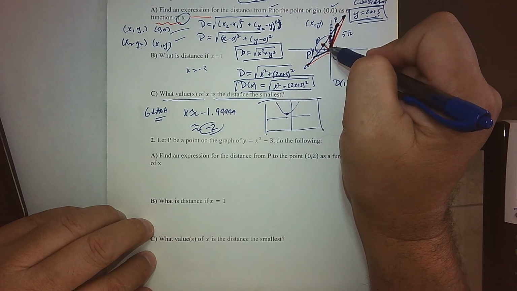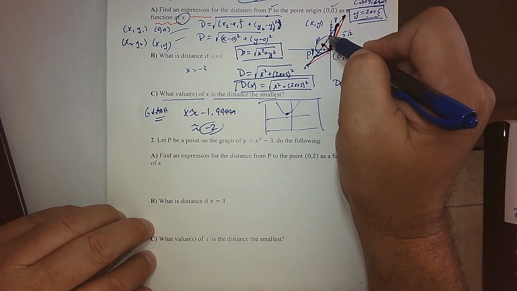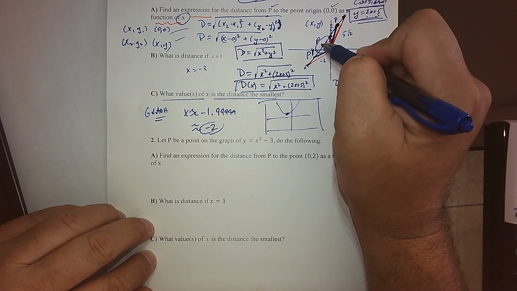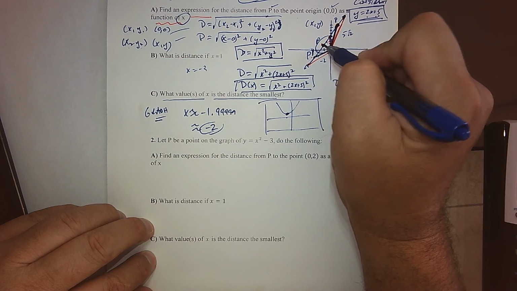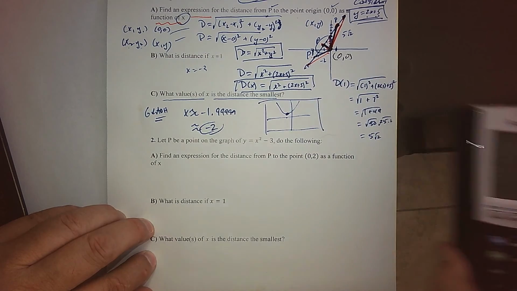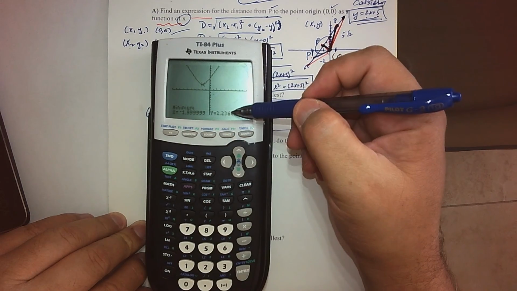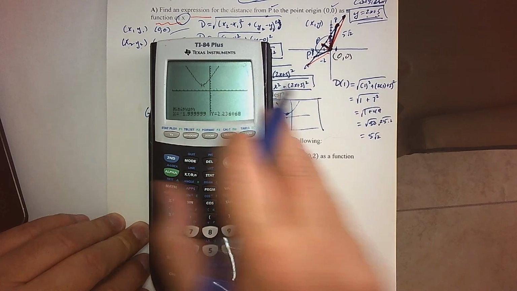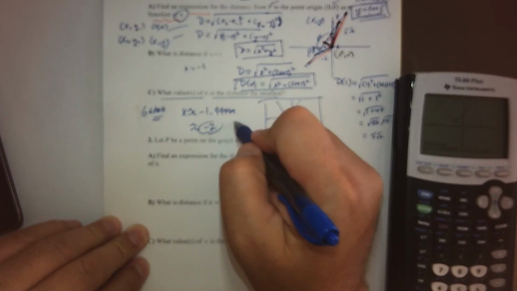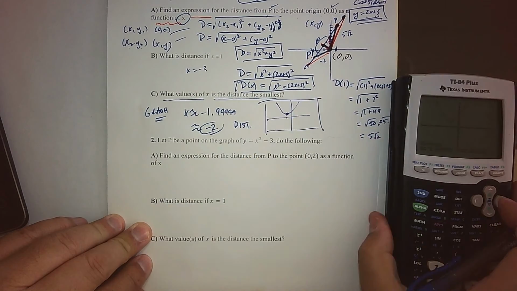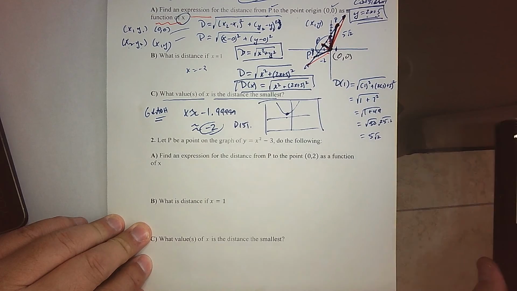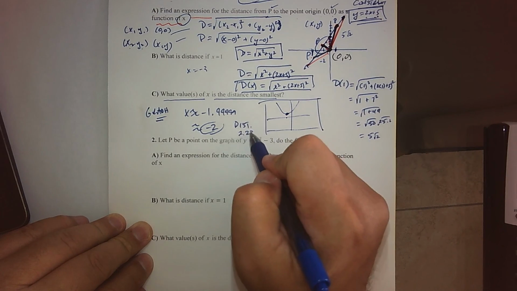So again, looking at our graph, I think my grid was just off a little bit. At x equals -2, that's where the minimum distance is going to be. Of course, what's also nice is that the y value is actually telling me what that distance is. At x equals -2, the distance is roughly, what did it say? 2.236.